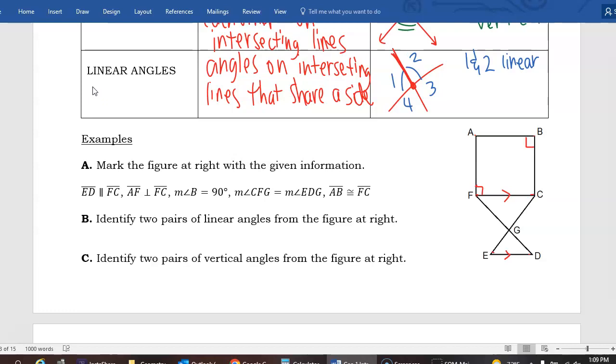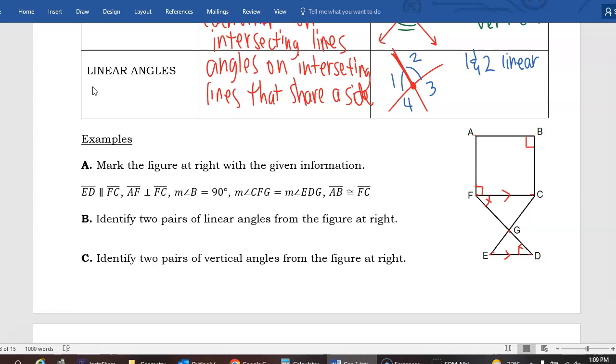Next, the measure of angle CFG is equal to the measure of angle EDG. CFG, so I'm going to give that a 1 loop. EDG, D as the vertex, I'm going to give that a 1 loop.